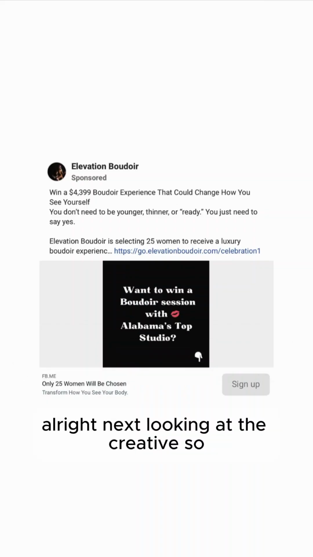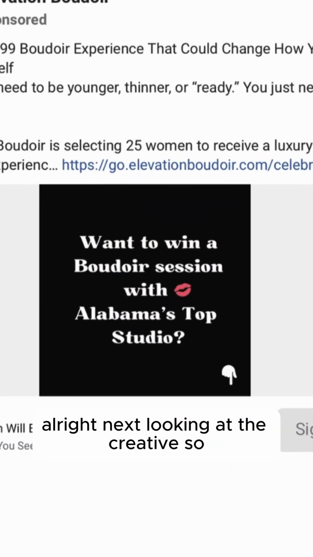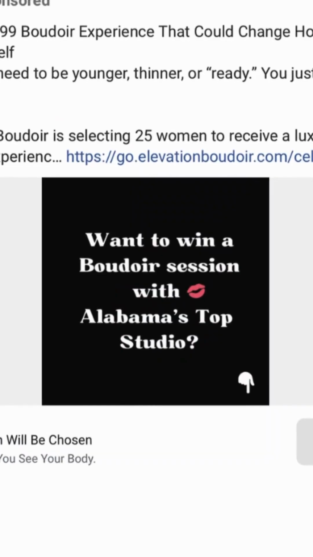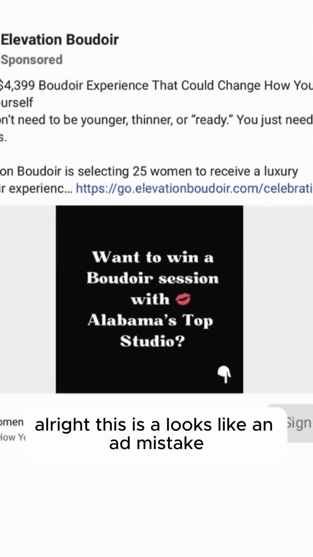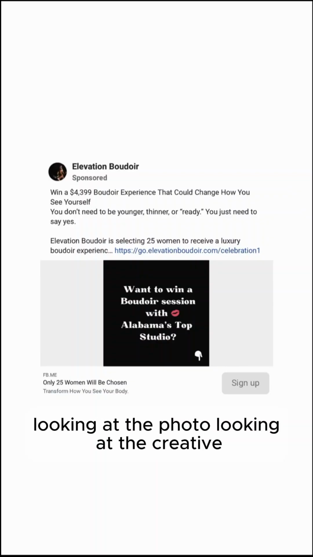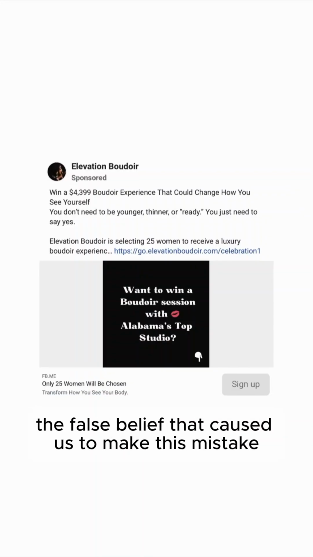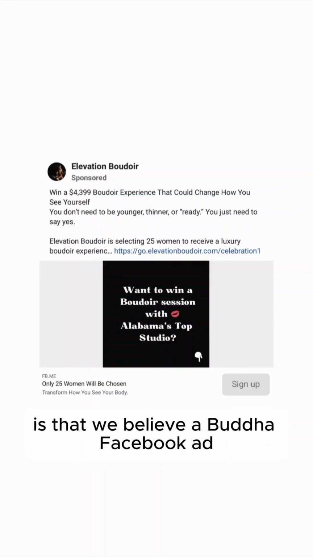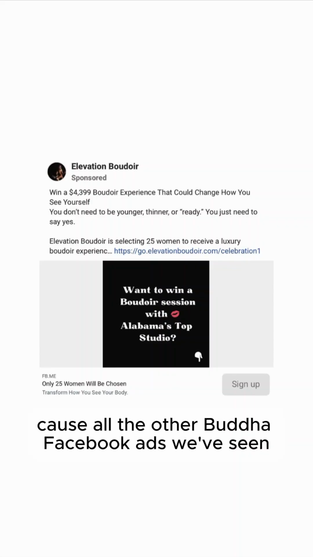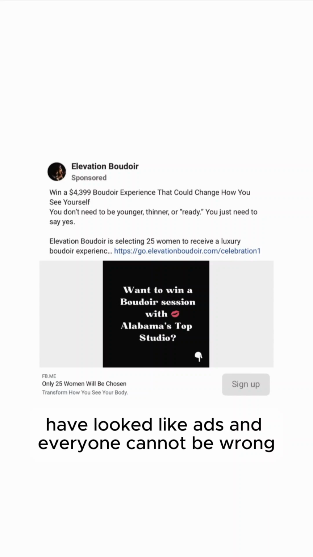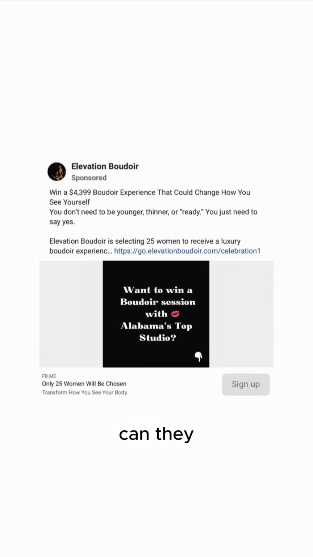All right, next, looking at the creative. Looks like an ad mistake. Looking at the photo, looking at the creative. The false belief that caused us to make this mistake is that we believe a Boudoir Facebook ad should look like an ad, because all the other Boudoir Facebook ads we've seen have looked like ads, and everyone cannot be wrong, can they?